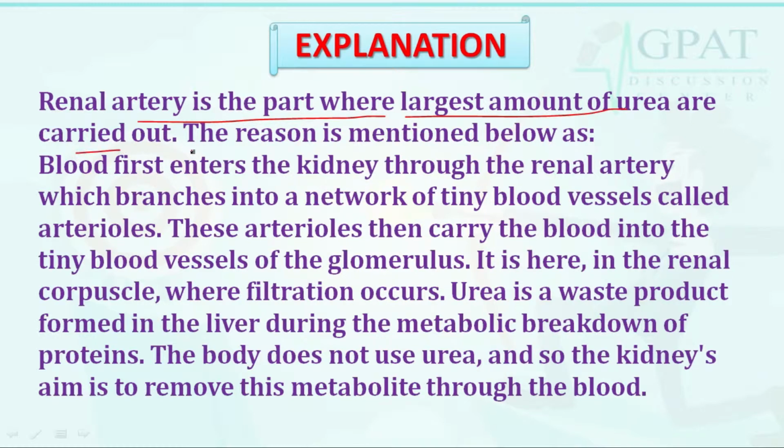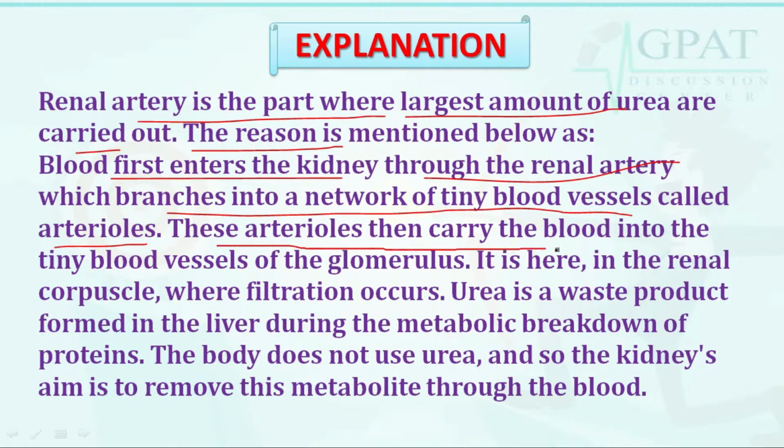The reason is mentioned here: blood first enters the kidney through the renal artery, which branches into a network of tiny blood vessels called arterioles, and these arterioles then carry the blood into the tiny blood vessels of the glomerulus.